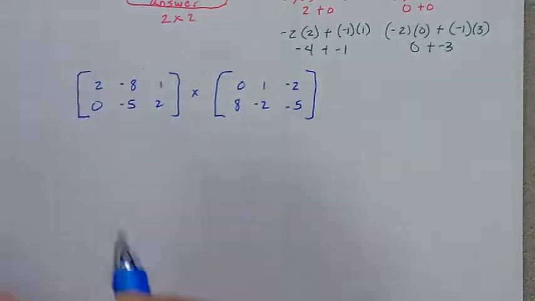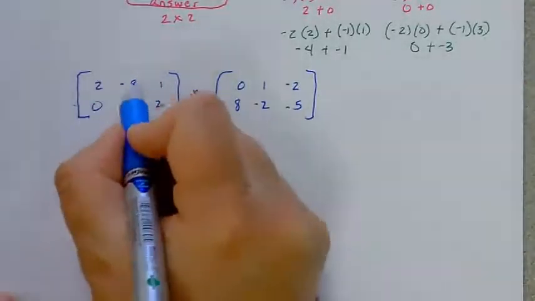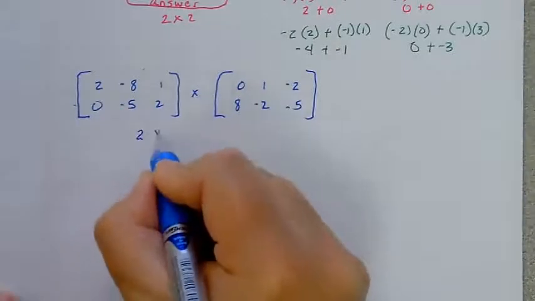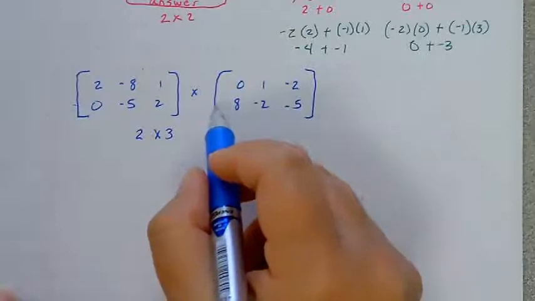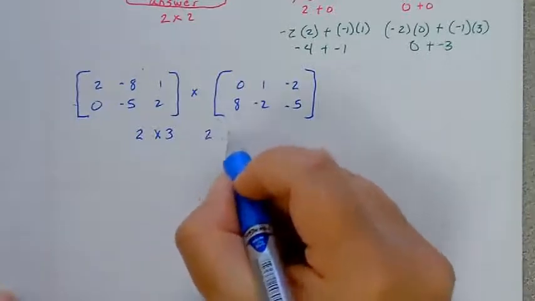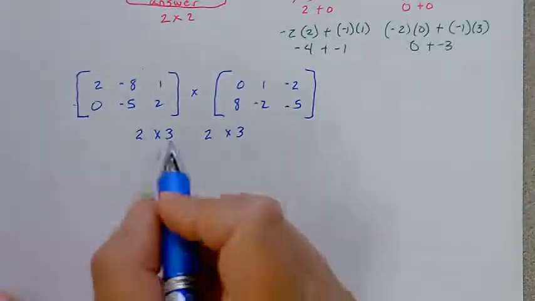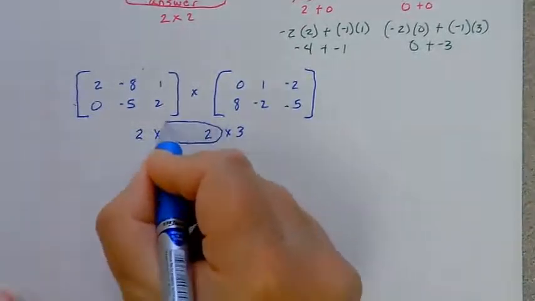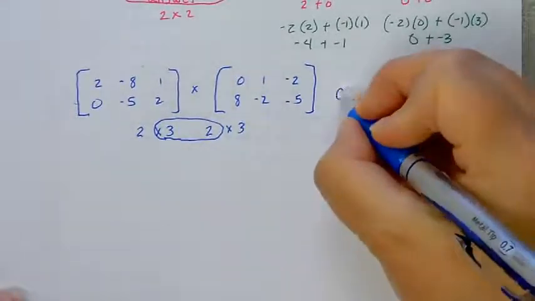So let's think about this. This is row 1, row 2, column 3. So I have a 2 by 3, and I want to multiply that by a 2 by 3. So let's see if this is possible. Is this middle number the same? Nope, not the same, so I cannot multiply.